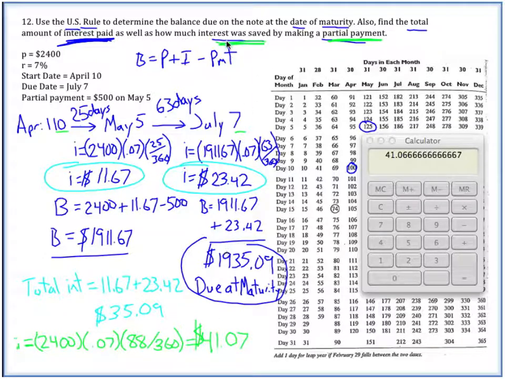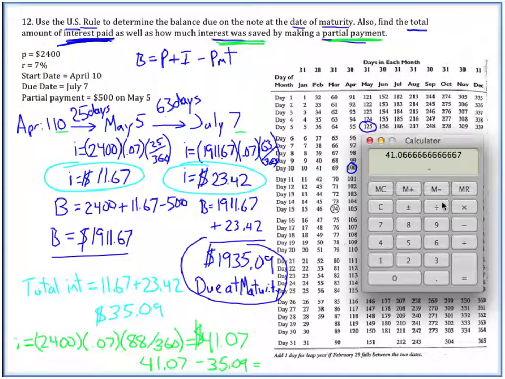So the question is, how much interest was saved? Well, the interest saved would be the difference here. So we would have had to pay 41.07. Instead, we only paid 35.09. So let's just subtract 41.07 minus 35.09.